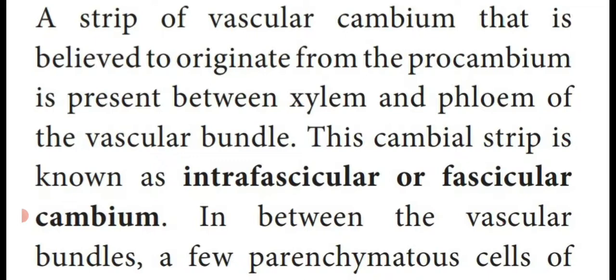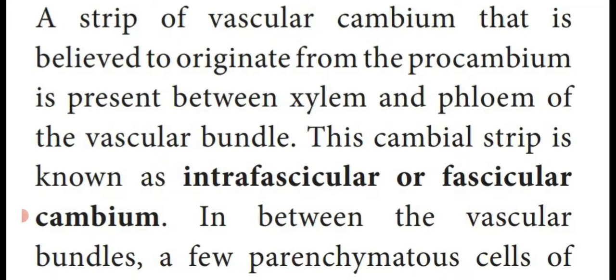So the cambium which is present in the inner side of the vascular bundle is called intrafascicular cambium. Another one, a medullary ray, which is made up of parenchymatous cells, produces a stripe between the vascular bundles.